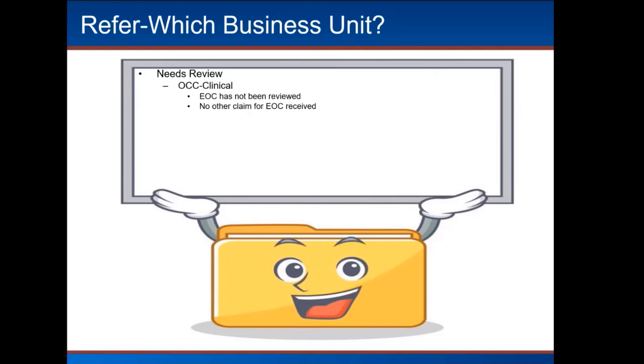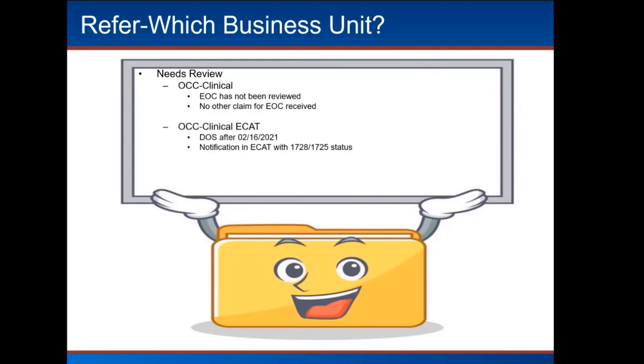Again, this is when the episode of care has not yet been reviewed and no other claim is in a review business unit or available to be referred to a review business unit. The ambulance claim is our last resort for review. Clinicians don't want to see an ambulance claim. However, if your template is completed accurately and they have the information, they can.